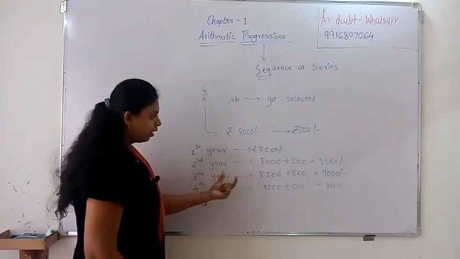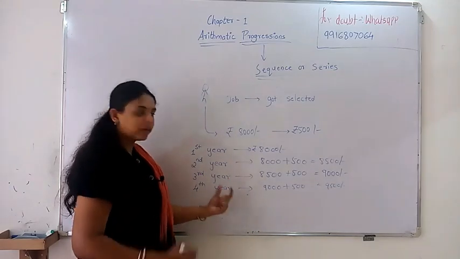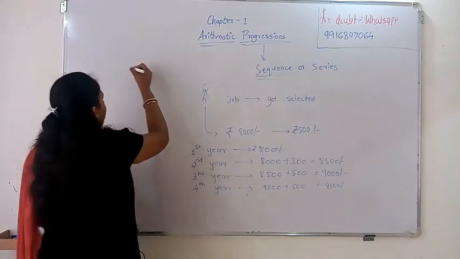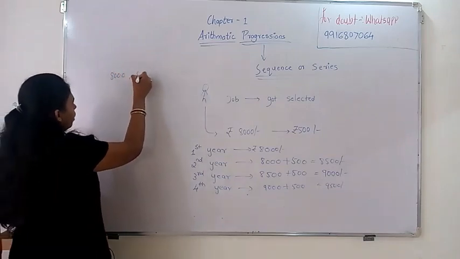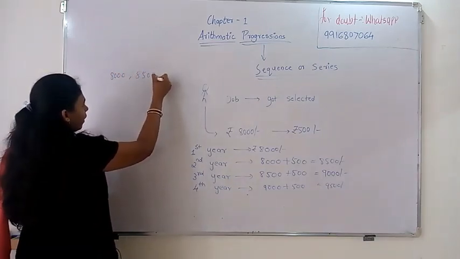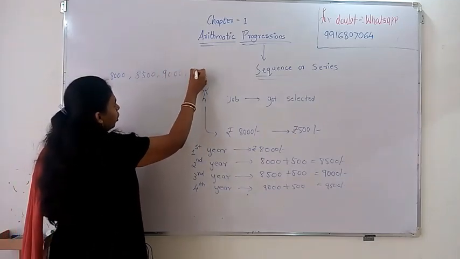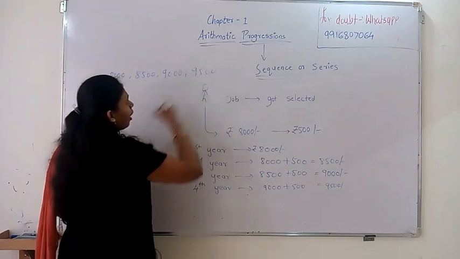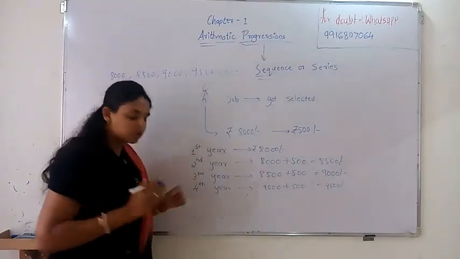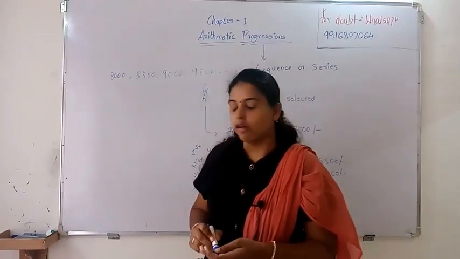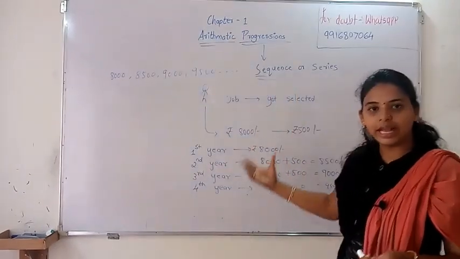So first year 8,000, second year 8,500, third year 9,000, fourth year 9,500. Then this sequence goes on, correct? Okay, now I hope you have understood this example.